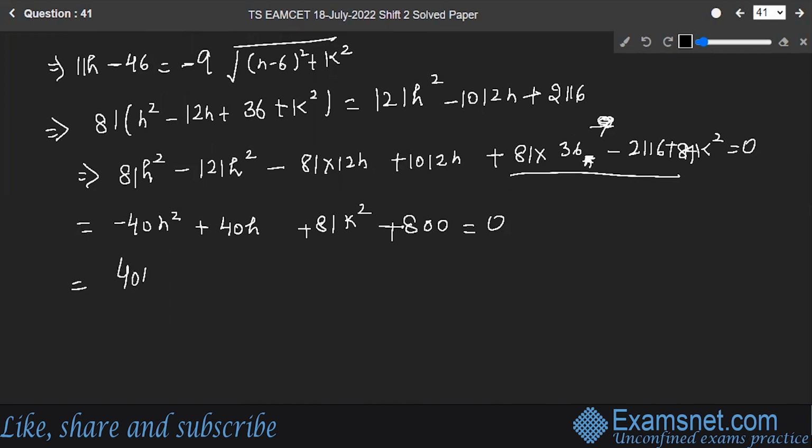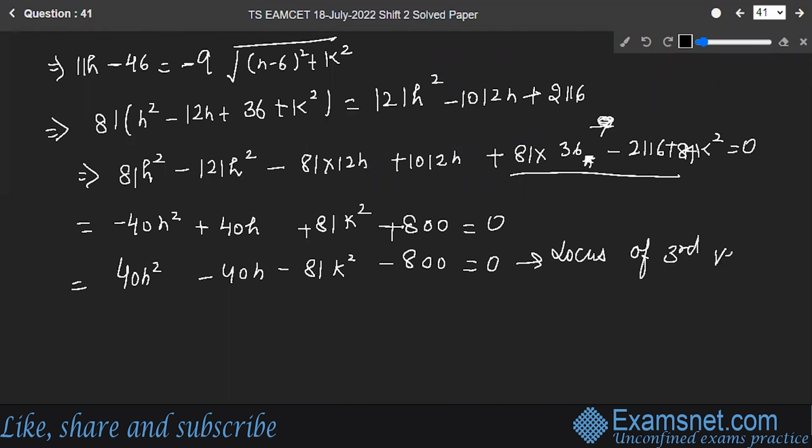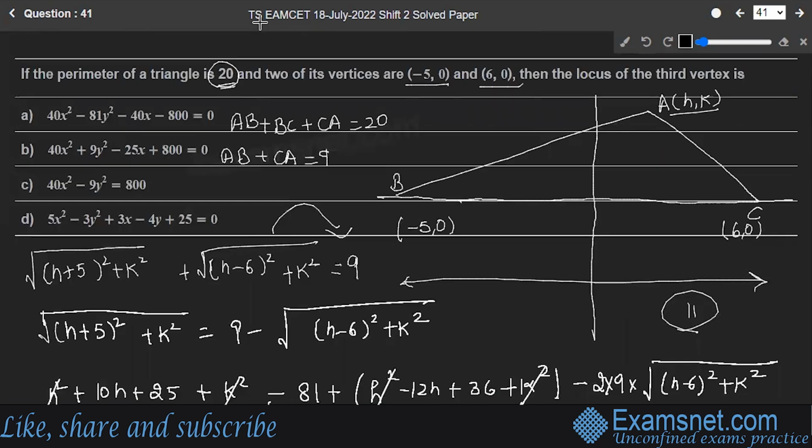Now multiplying both sides by minus 1: 40h square minus 40h minus 81k square minus 800 is equal to 0. There is nothing common in all of them. So this is the locus of the third vertex, and this is the answer to our question. Let's check with the options. I have option A as the correct answer.